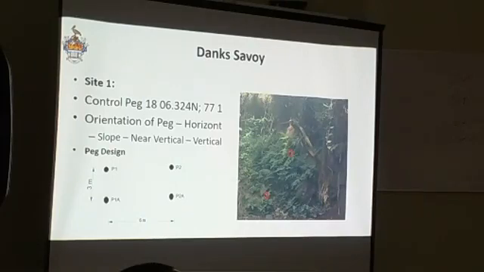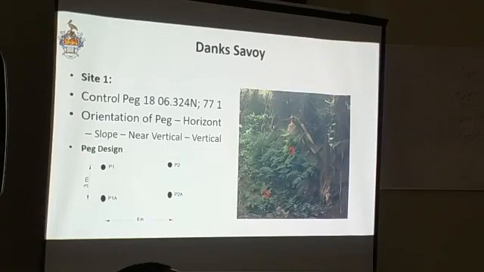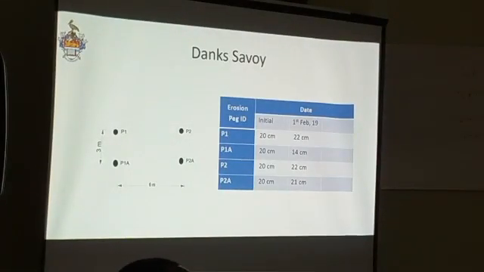And after each rain event, or every month if possible, we go back to the site to see how much movement occurs. So you want to see whether there is an increase or decrease. It doesn't matter if it's an increase or decrease. It still means that erosion is going on. Sometimes you have an increase in the amount of exposure of your peg, and sometimes there's a decrease.